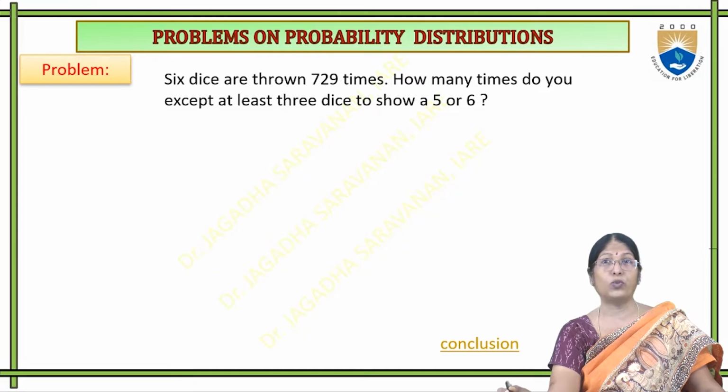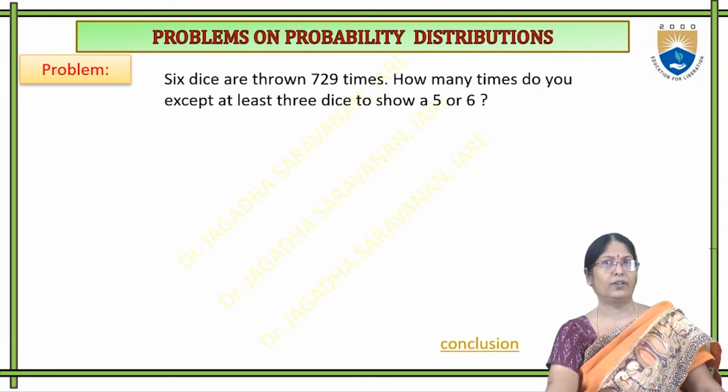Among the 6 dice, we want at least 3 to show 5 or 6. Compulsorily we should have 3 dice, more also we can have: 4, 5, or 6 also. But it is not possible to have 7, because we have only 6 dice.